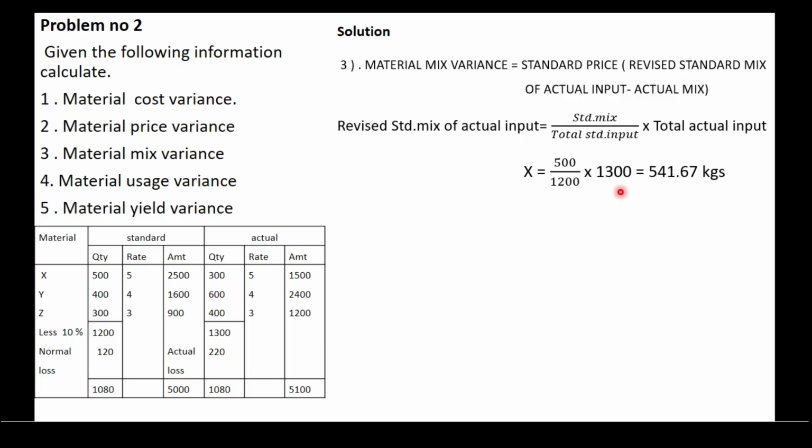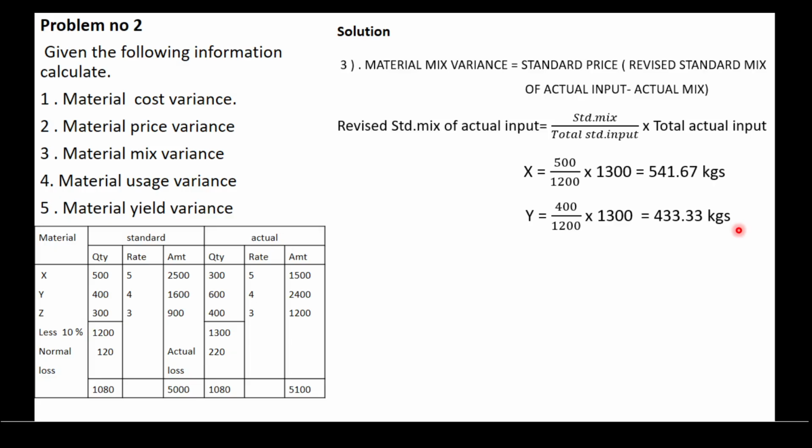So now 400 divided by 1200 into 1300. The revised standard mix of actual input for the material Y is 433.33 kgs.